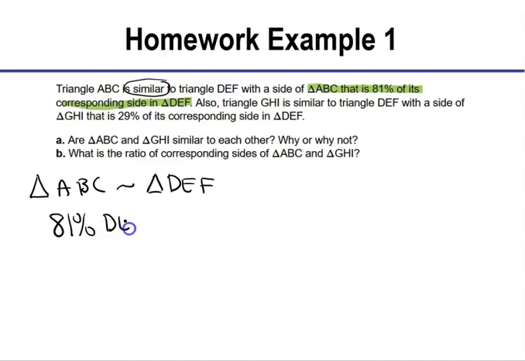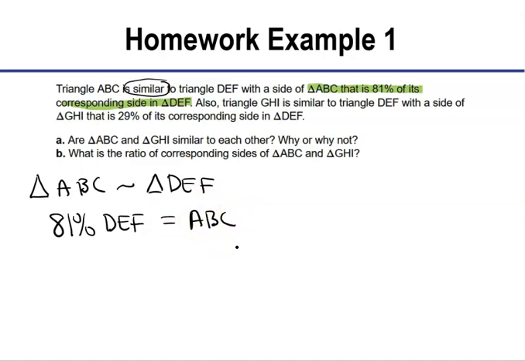I'm just going to put DEF, and I'm really talking about the side lengths, is equal to ABC. Okay? And really, again, I'm not saying you can take 81% of DEF because DEF defines a triangle. What I'm talking about is 81% of the side DE, 81% of the side EF, and 81% of the side DF. Okay? And that will give us the smaller triangle ABC. Make pretty good sense? You with me?